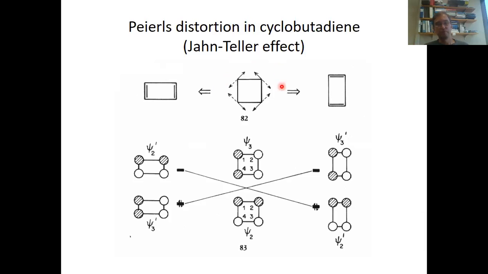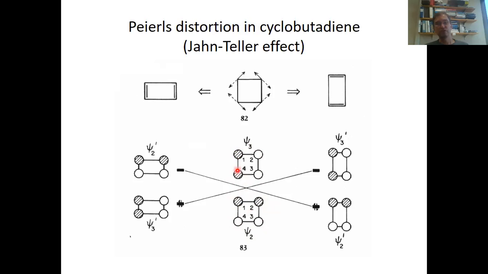So by the example of the cyclobutadiene, that means that in the non-distorted state of the cyclobutadiene, where you have a regular square, you have two non-bonding orbitals. You see the two non-bonding orbitals here.